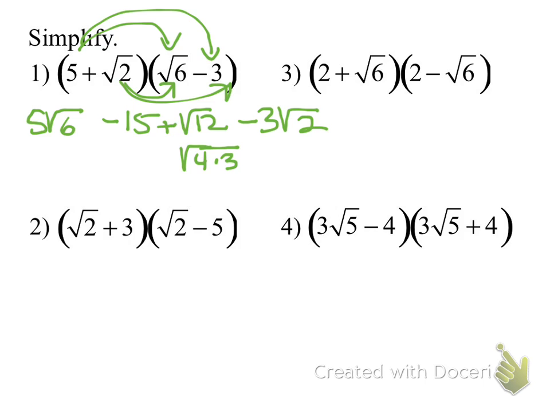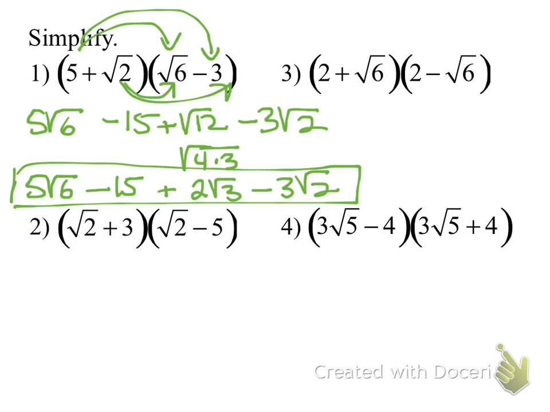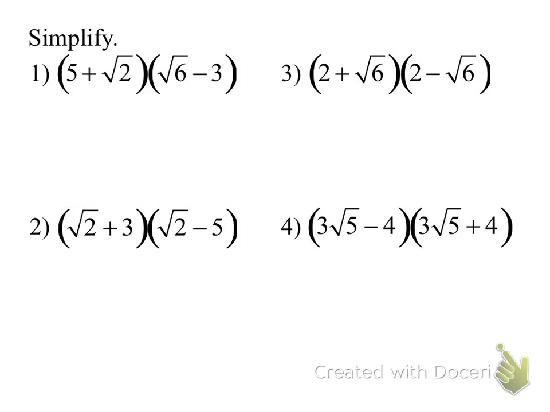So I'm going to say that's 2 radical 3 minus 3 radical 2, negative 15, and 5 radical 6. Can I simplify this anymore? Can I combine 2 radical 3 minus 3 radical 2? No. All right, pause the recording if you want to practice some more, and we're going to move on.